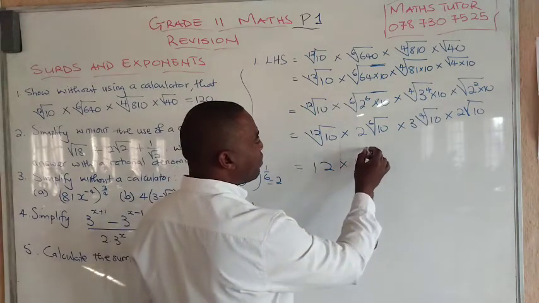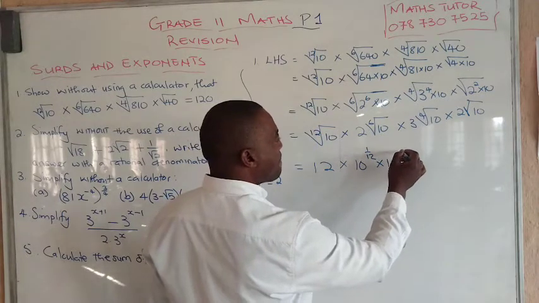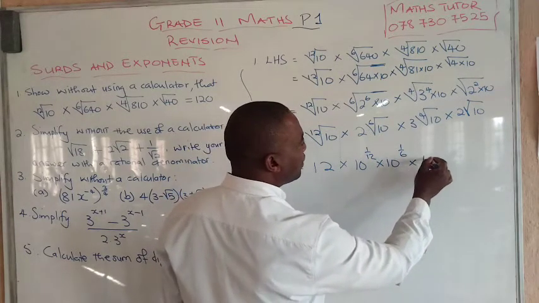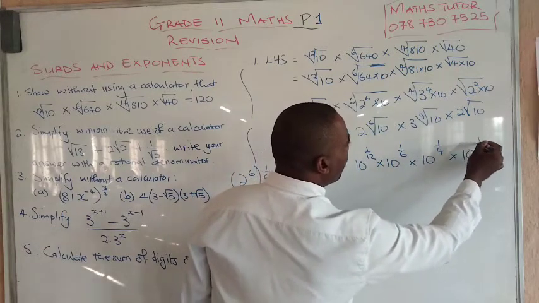So this will be 10 to the power 1 over 12 times 10 to the power 1 over 6 times 10 to the power 1 over 4 times 10 to the power 1 over 2.